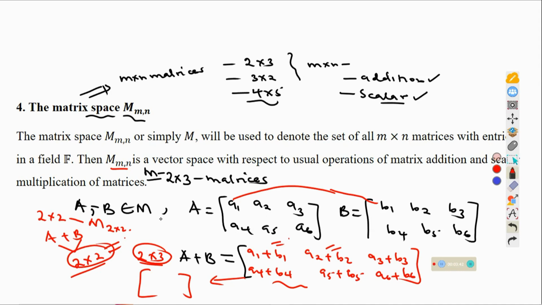So that's why we can easily define addition of matrices within this given space, and scalar multiplication is as well possible.